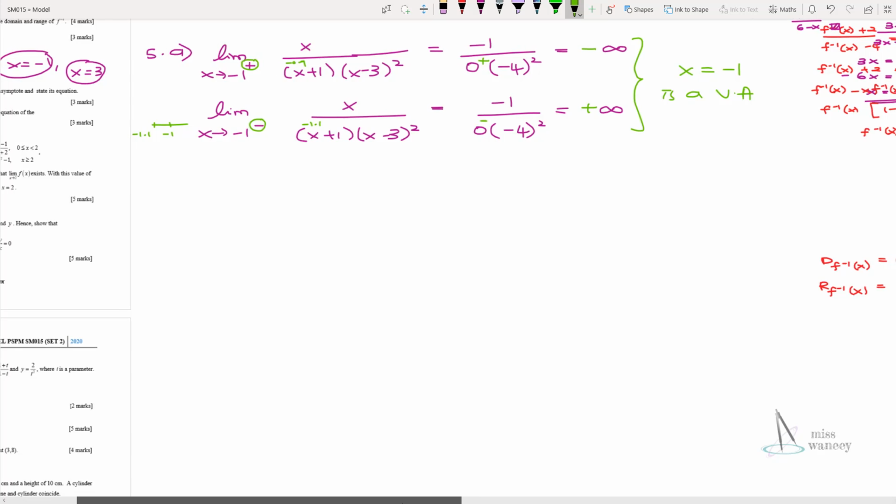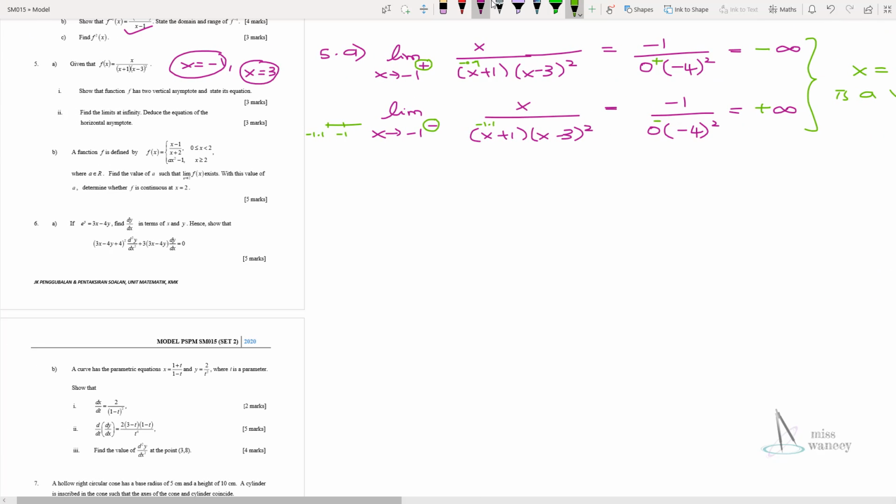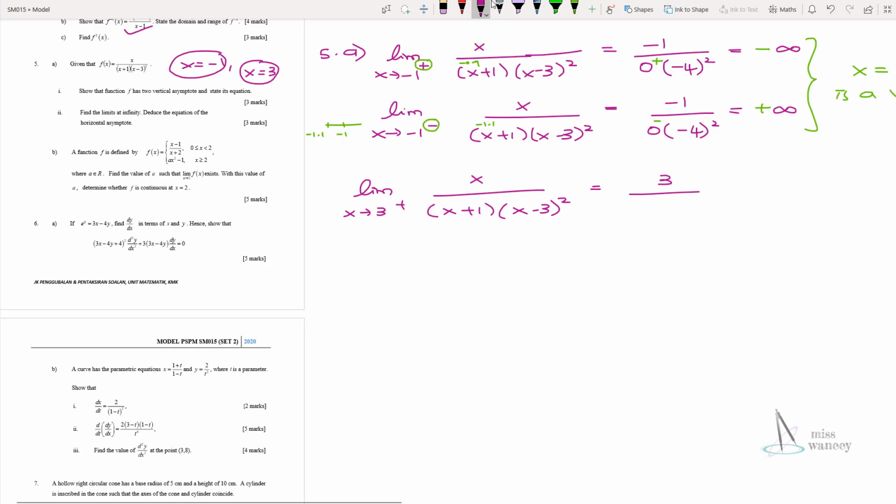So now let us test the other one. We have the limit as x approaches 3 from the right hand side of x over x plus 1, x minus 3 squared. So this is 3 over 3 plus 1, which is 4, and 3 minus 3 is 0 squared.